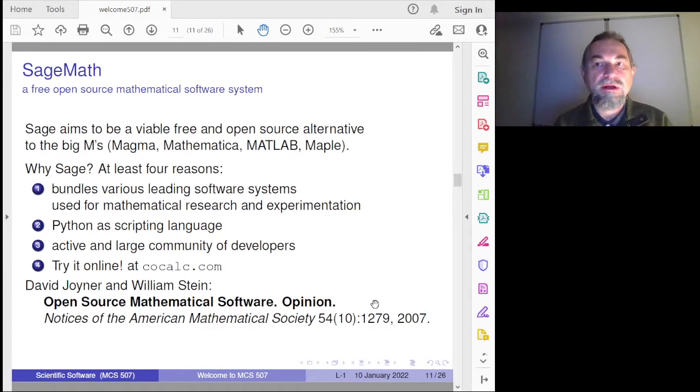CoCalc gives you not only the software itself for free, but also the computing time to compute. That's also very important. There are also scientific portals that give you access to supercomputers. That's more for the supercomputing course, but just to try things out, there is CoCalc.